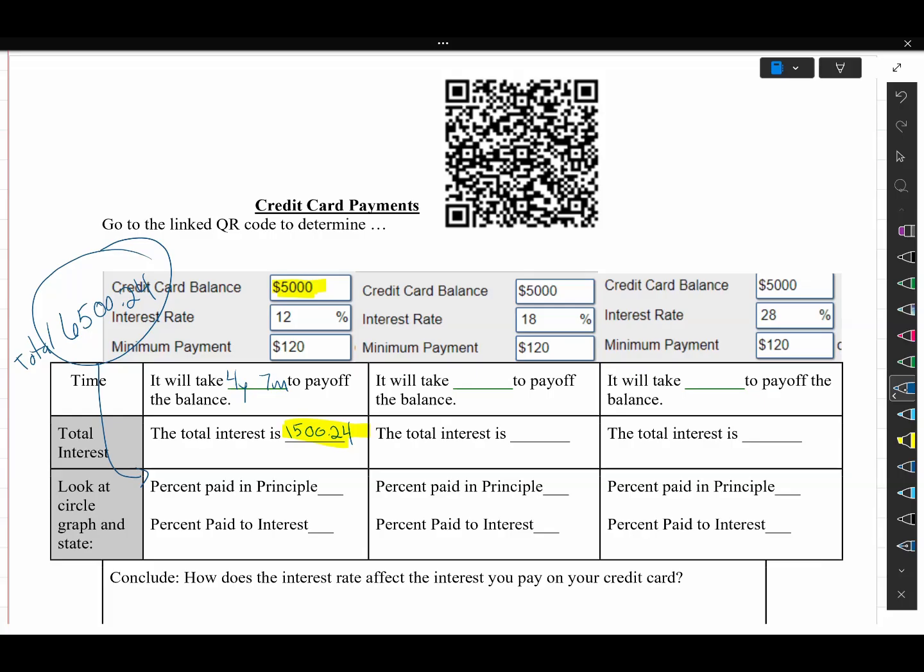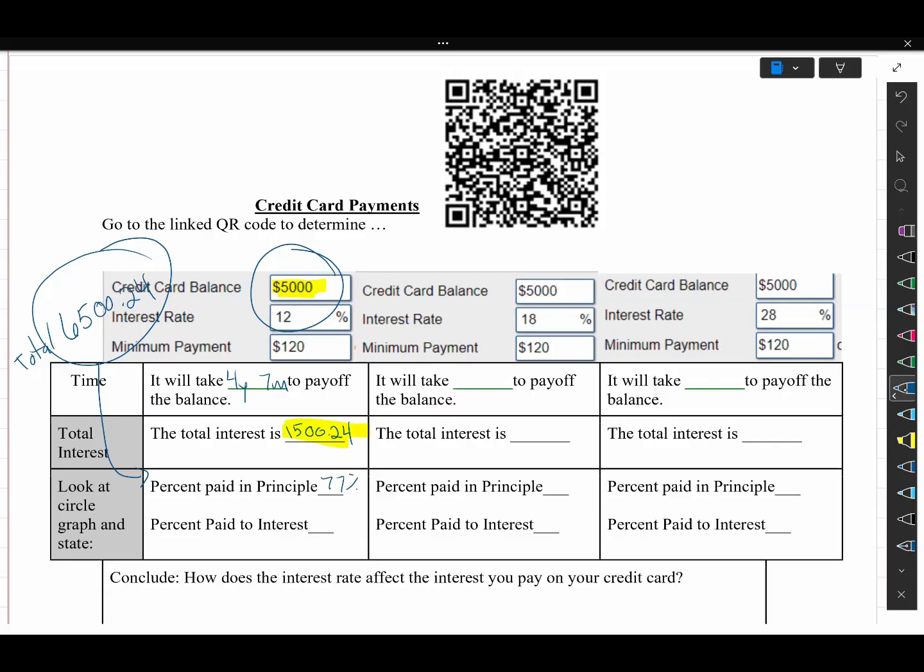So the percentage that's paid in principal, well, that's this $5,000. So we're looking at $5,000 and dividing it by the total amount that's being paid, that's $6,500.24. So I throw that into my calculator and it says 0.7692. We can round that, we can turn that into a percentage. We're working here with 77%.